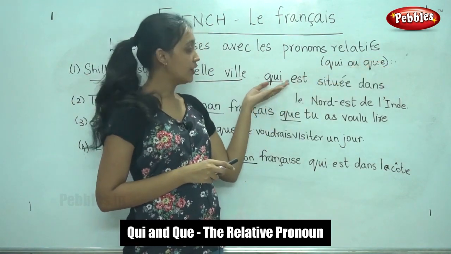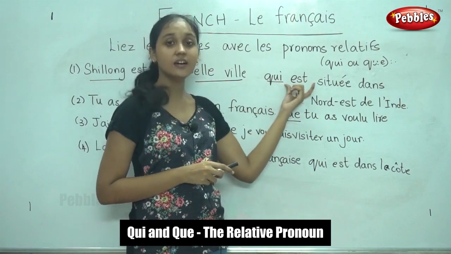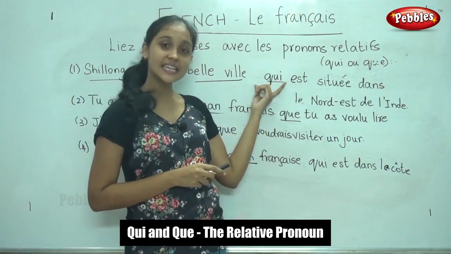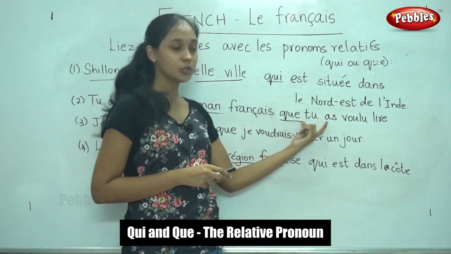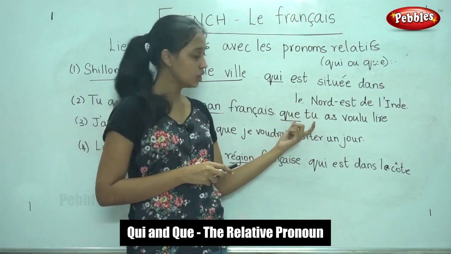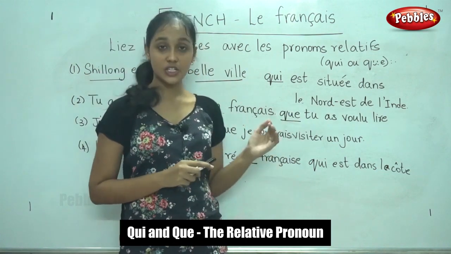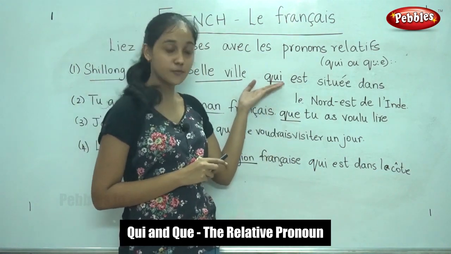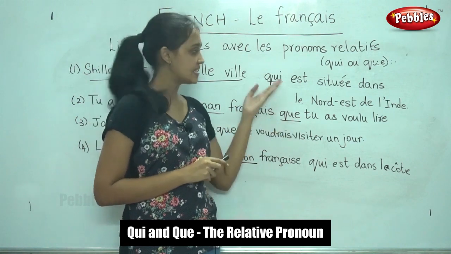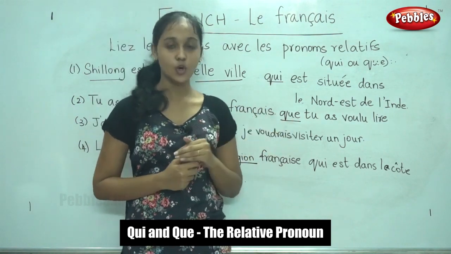And now if the word is followed by a verb, you would write qui. If it is followed by a subject pronoun, we would replace it with que. So I hope you have understood the use of the relative pronouns qui and que. It's a very simple exercise and I hope you have understood it.